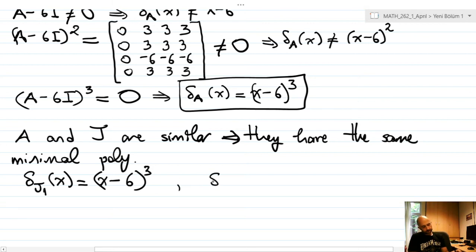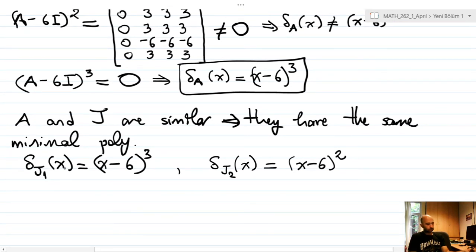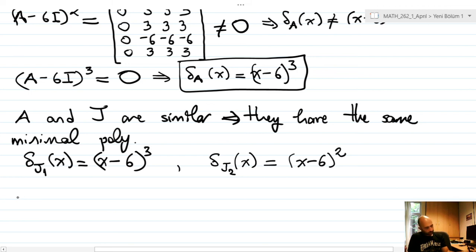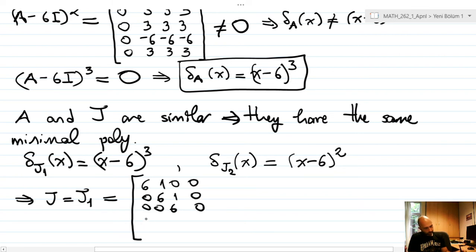But on the other hand, the minimal polynomial of J2, the second possibility, is x minus 6 squared. Okay, so among these two, of course, the first one is the matching one. Therefore, the Jordan form, we now found it. J must be this first option, which is the one with one 3 by 3 block and one 1 by 1 block. Okay, so we found J.